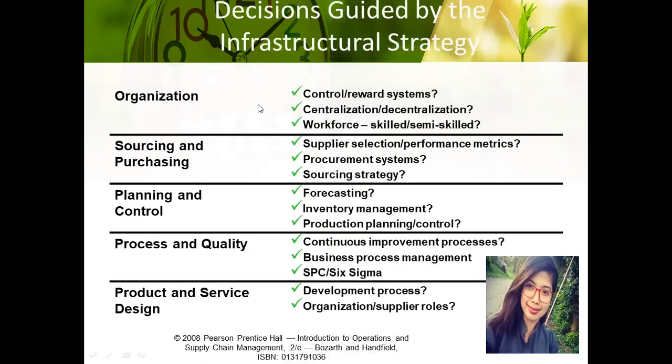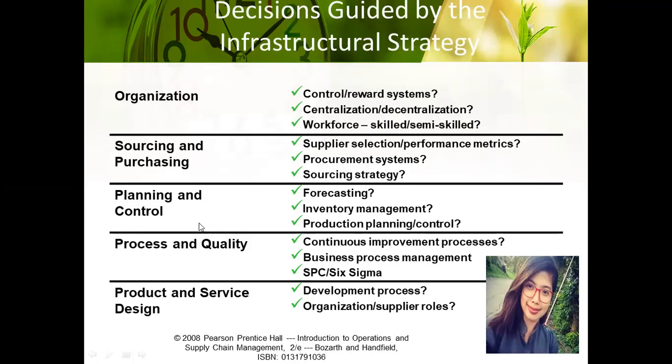For the organization, the supply chain should be guided with the control and reward systems, centralization and decentralization, and workforce skilled or semi-skilled. For the purchasing, the supplier selection and the performance metrics, the system of procurement, and the sourcing strategy.